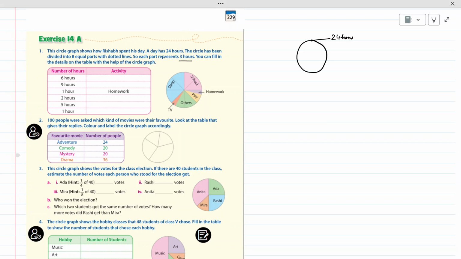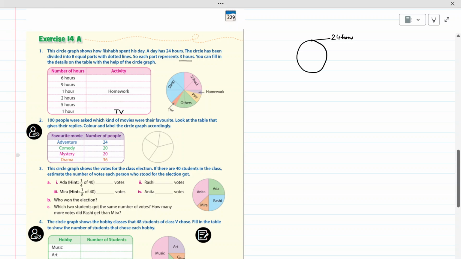So we have each part representing 3 hours here, and we have to fill in this information. This is the number of hours and this is the activity. We have to fill in the activity looking into this circle graph. So one has been done for us, that for 1 hour he is doing his homework, which is here. Now, if you see this TV, this is also representing 1 hour. So we can write for 1 hour here, he is watching TV.